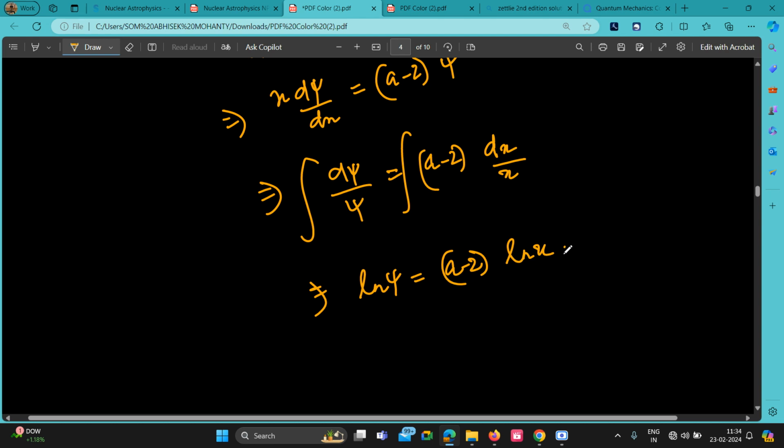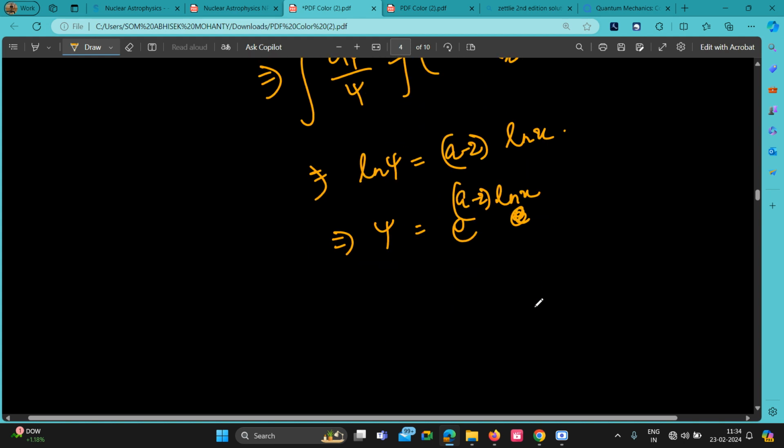Is it alright? ln psi is equal to (a minus 2) ln x. So psi is equal to C e to the power (a minus 2) ln x.